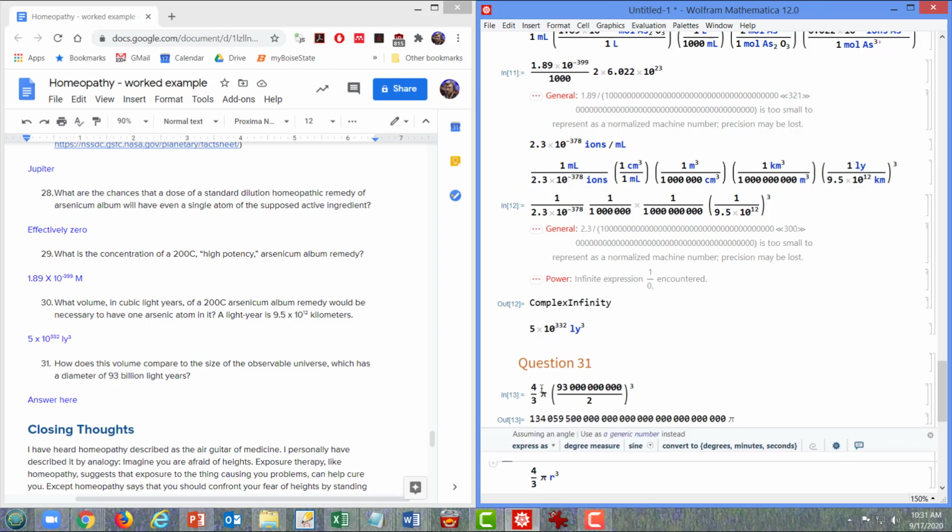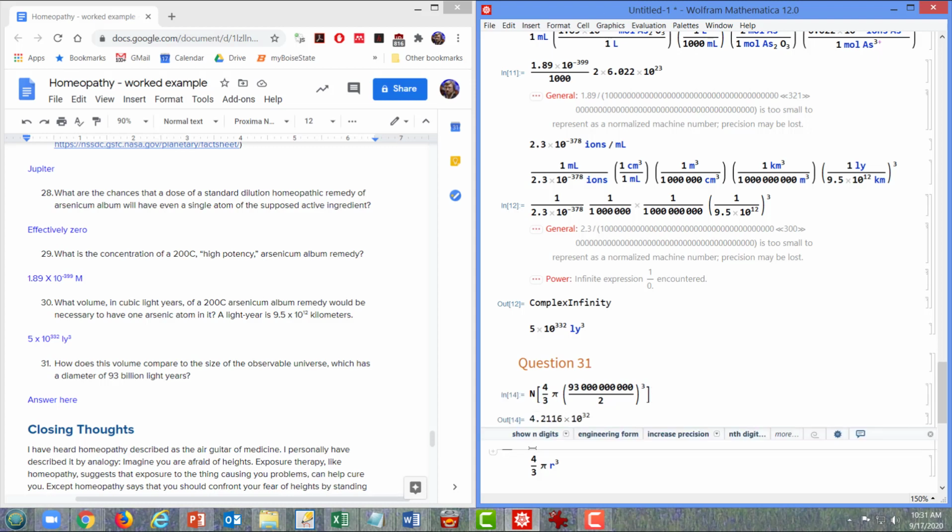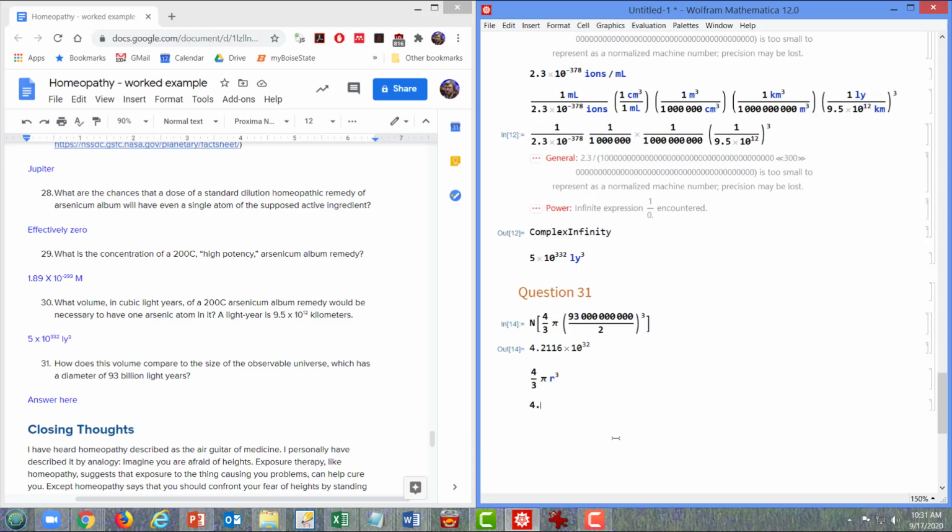So we do that calculation, and you can again type this one into your calculator, and that one will work. It's leaving it in units of pi, so I have to do something that your calculator would normally do to convert it to a number. So don't worry about that aspect. And we have an answer of 4.22 times 10 to the 32nd cubic light years. And we're comparing that to this one.